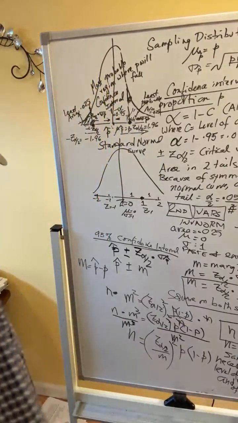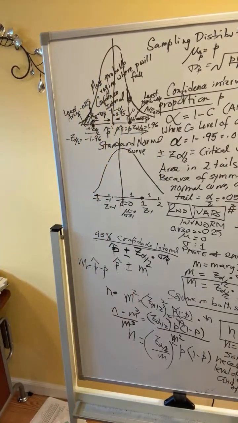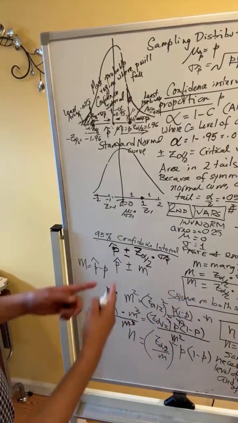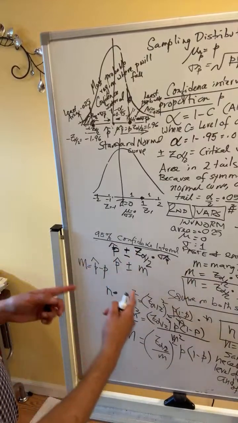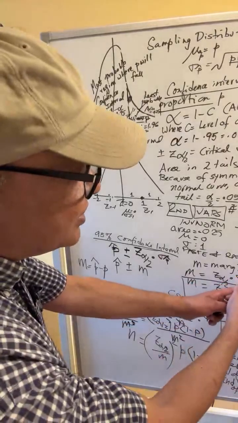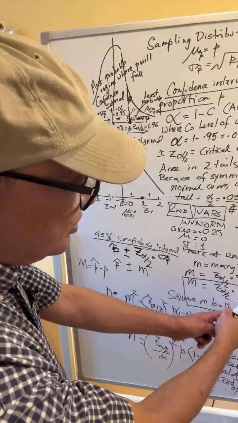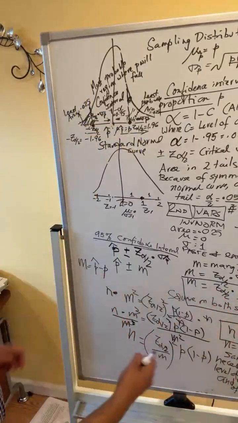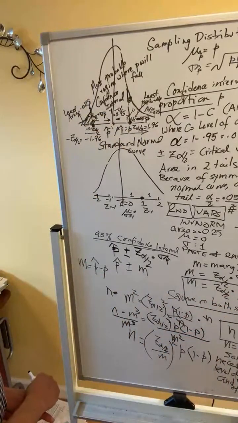So the question is, how will I apply this formula? Again, I wrote the equation for margin of error, which is the plus minus term. It is the critical value of z alpha by 2 multiplied by the standard deviation of the sampling distribution, which is the square root of p times 1 minus p divided by n. I want to solve for n, the minimum sample size.